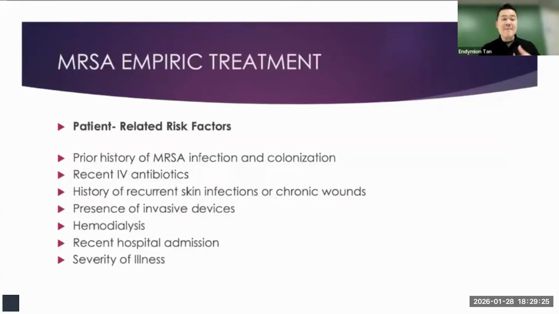Remember, some patients with a history of previous MRSA infection or colonization, or those who have received recent IV antimicrobials, especially those broad-spectrum antibiotics, history of recurrent skin infections or chronic wounds, those non-healing wounds or skin infections from some staph or from their underlying problems.